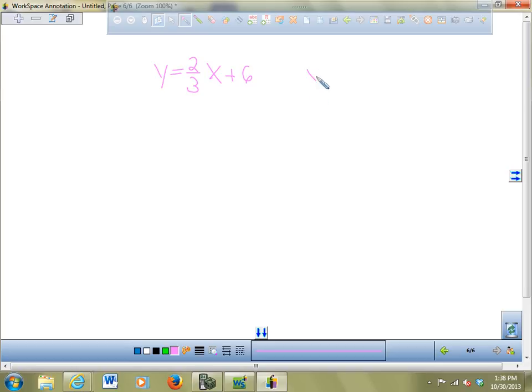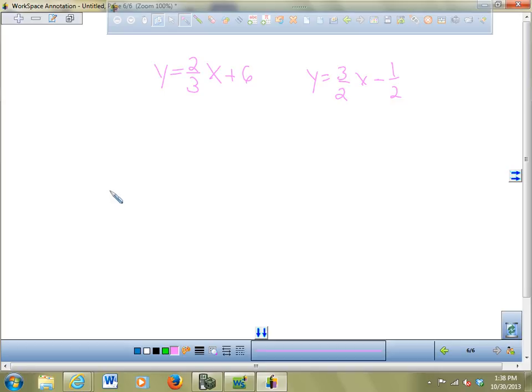I made it kind of nasty: y equals 2/3x plus 6, and y equals 3/2x minus 1/2. Find where those 2 lines intersect.